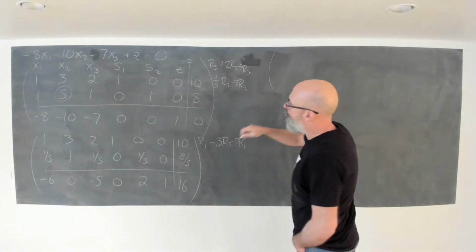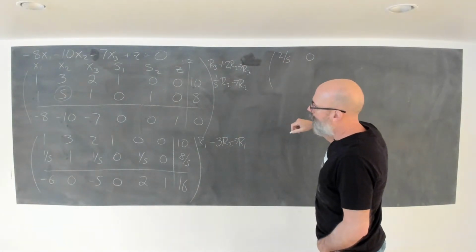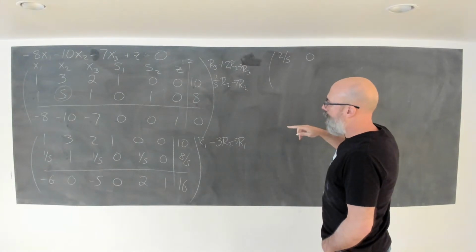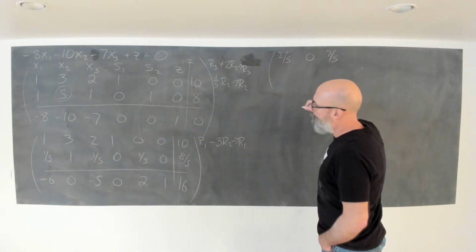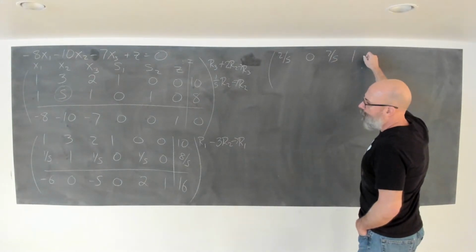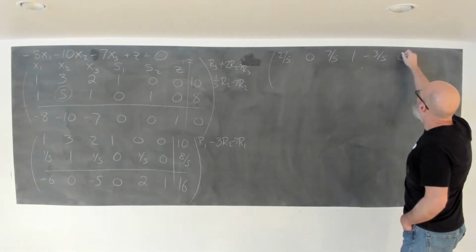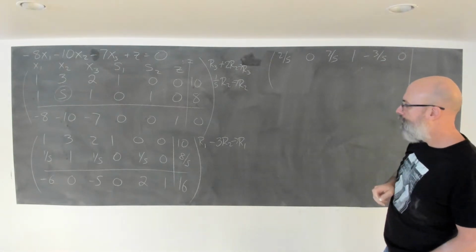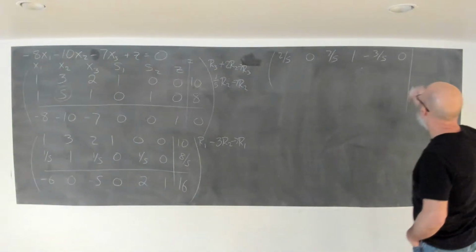So row 1 minus 3. 10 minus 3 is 7. Fifteen minus 24 is 26/5.